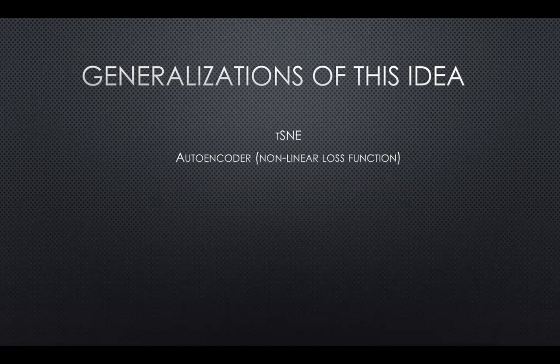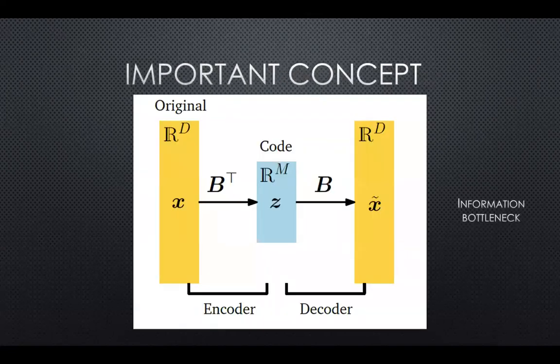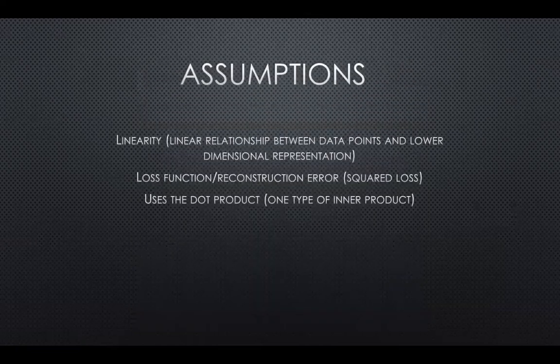These algorithms like t-SNE and autoencoders, which you might encounter in machine learning, are all generalizations of this powerful idea that you want to compress data. There is this information bottleneck. You want to compress data and find a more parsimonious or more sparse representation of the data. And this is a very, very important concept.